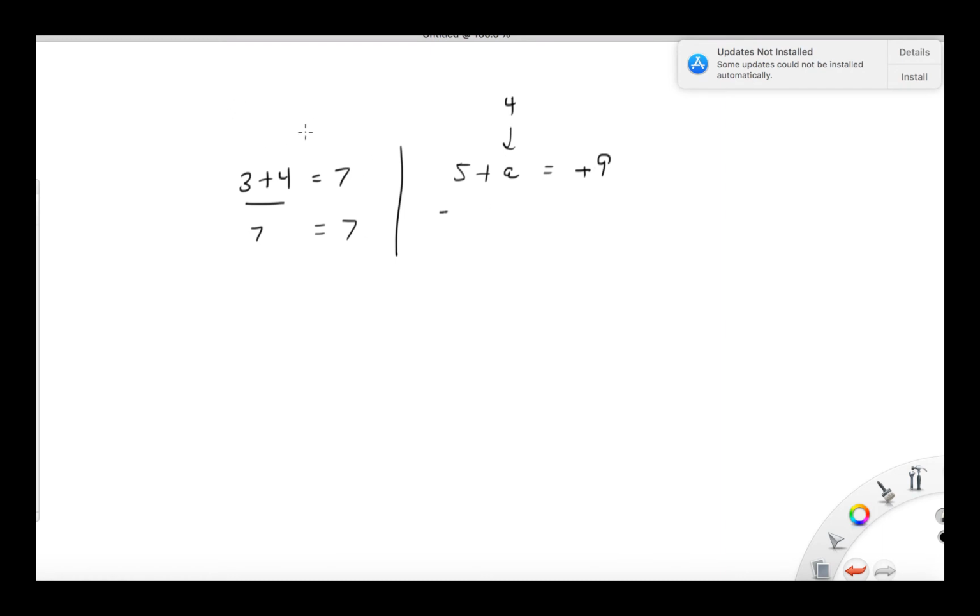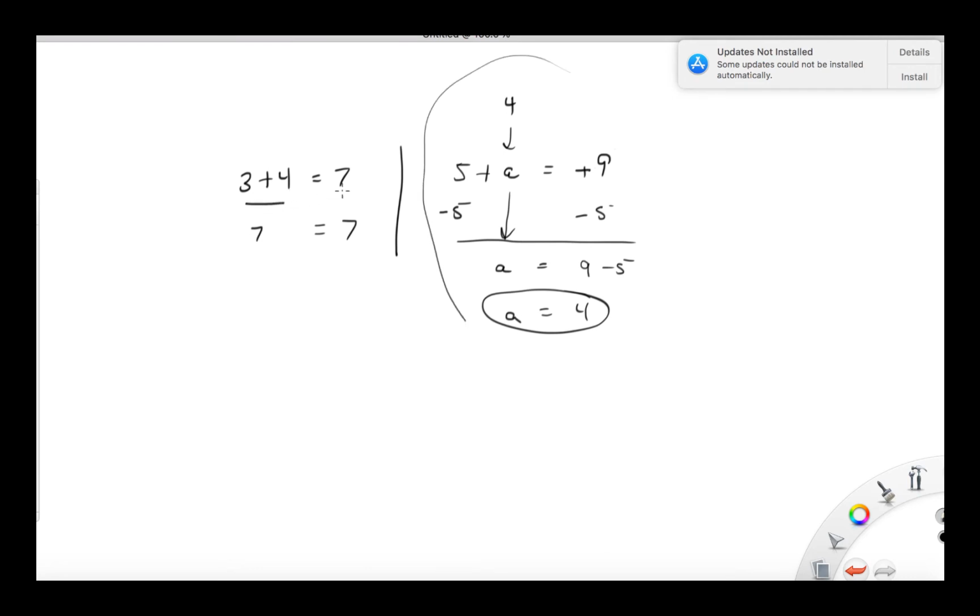But if we really want to figure this out, we're going to subtract 5 from both sides. We're going to drop a down, and a equals 9 minus 5, or a equals 4. So this is how we're going to do our algebra math. This is literally addition, right? This is the easy stuff. This becomes the harder stuff.